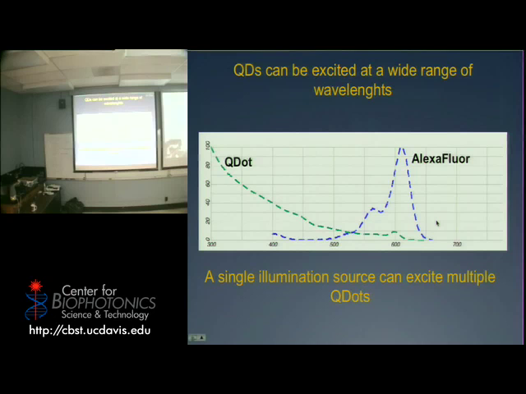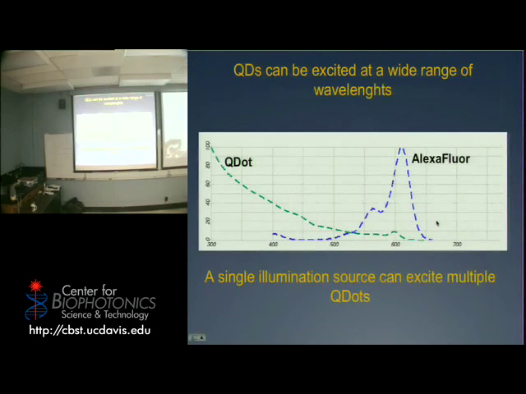Think about how much easier it is to excite with a single source, maybe many different quantum dots, and each of them will shine at a different light, rather than fluorophores, each of which has a very specific excitation wavelength. You can wiggle a little bit, but not much, and the emission is right here, so you have to filter that out.